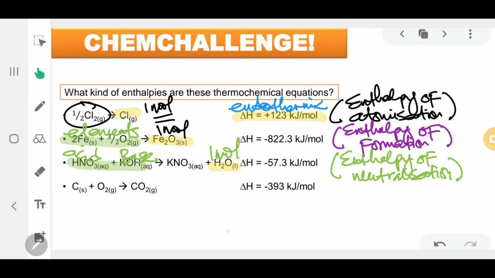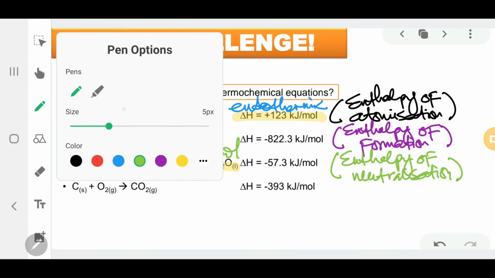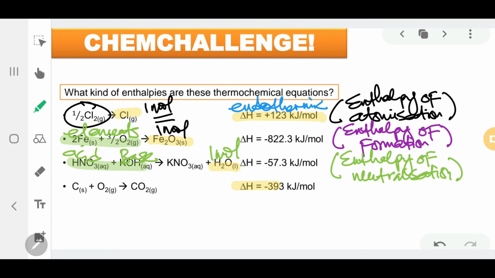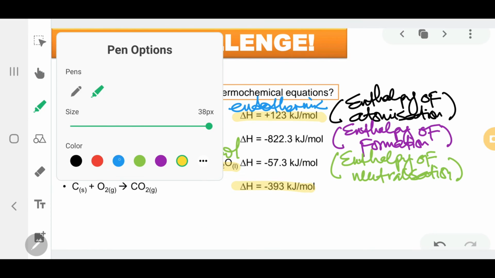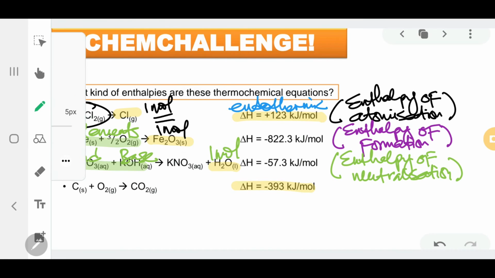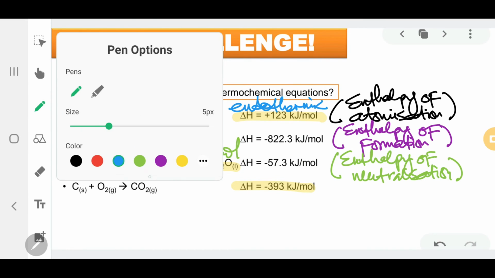The last one that we have, you have carbon reacting with oxygen to produce carbon dioxide. For this one, you have heat change, you have heat being released, that is exothermic.